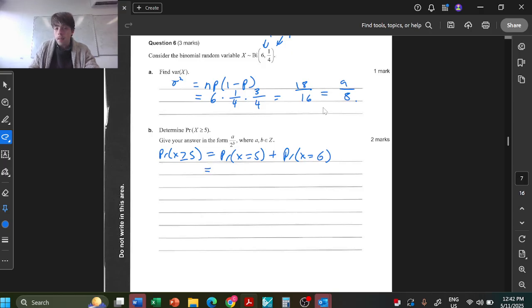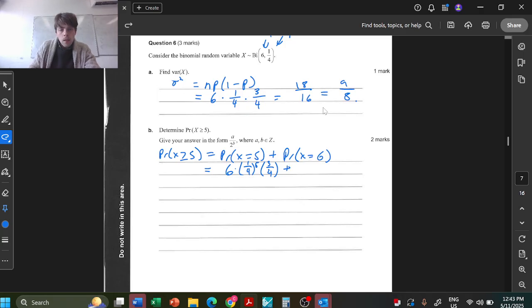So the probability that x is equal to 5, by the binomial theorem, means we've had 5 successes, so that's 1 over 4 to the power of 5. We've had 1 fail, so that's 3 over 4. And we need to multiply that by 6 because there are 6 options for the one that could fail. That 6 is coming from 6 choose 1, or 6 choose 5.